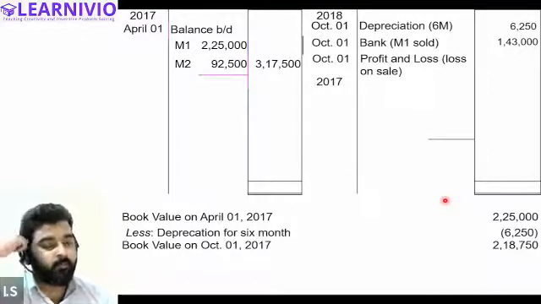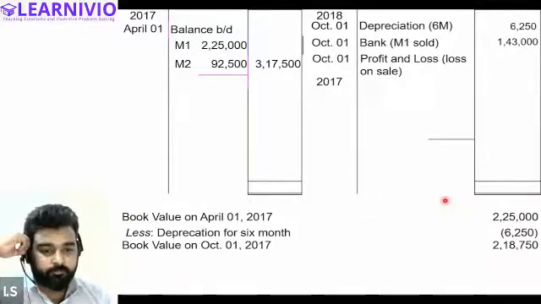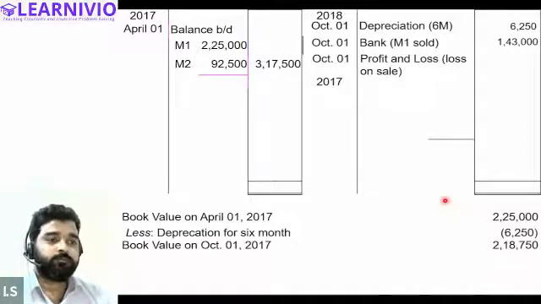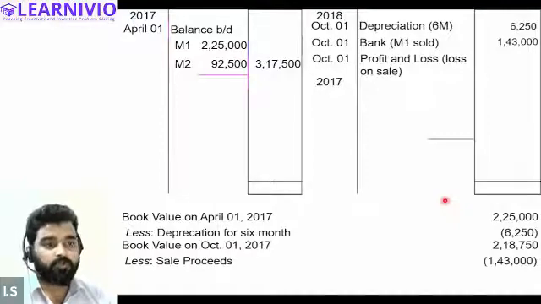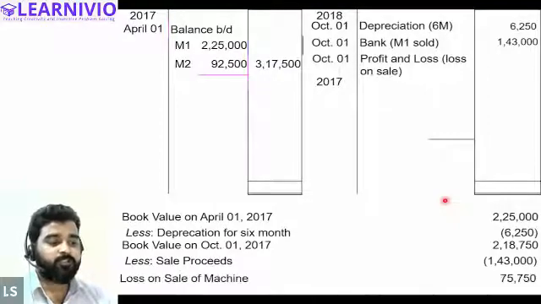At what price are we selling this machinery? We are selling it for 1,43,000. So if we sell machinery with a book value of 2,18,750 at a price of 1,43,000, is this a loss or a profit? Loss. And a loss of how much? 75,750. Yes, this is a loss.